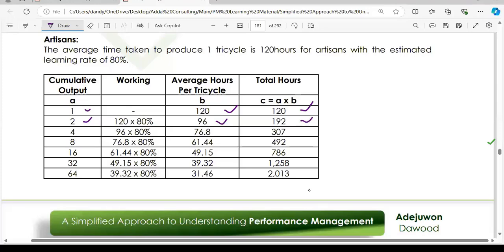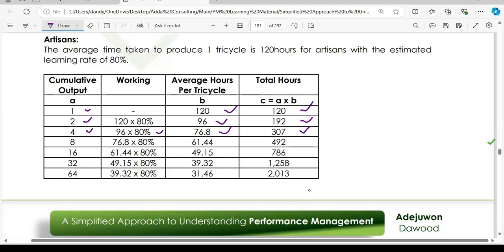I can double 2 to 4. The average hour to produce two tricycles is 96, so I'll apply 80% learning on that. That will give us 76.8. 76.8 multiplied by 4 will give us 307.